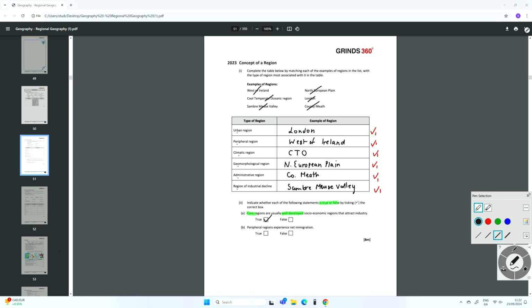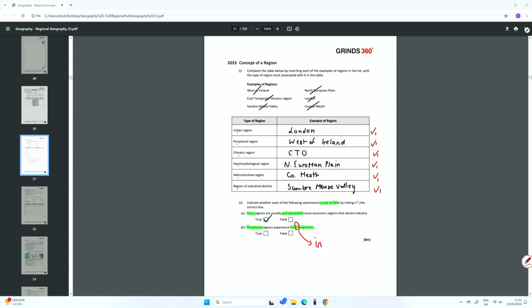My second question here, what does it ask? It says peripheral regions, and again, core regions would have been the GDA and the Paris Basin, peripheral, the Mediterranean and the west of Ireland, or Western region, experiences net immigration. Now, what this means, and I just want to circle one thing very clearly here, the I. That means that more people are coming in than are leaving.